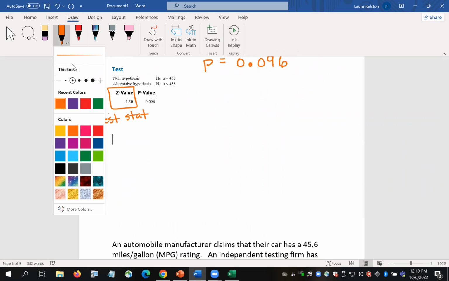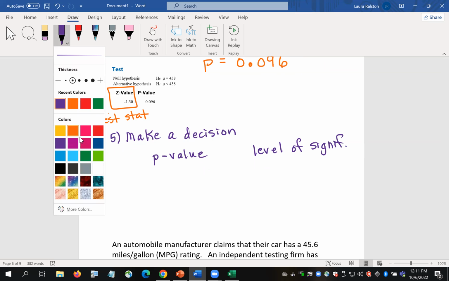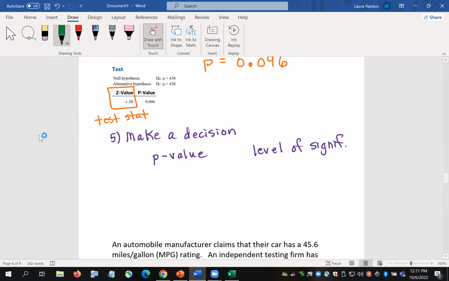Then I move on to step 5, which is where we're going to make a decision. Remember, we make a decision by comparing the p-value to the level of significance. So in this case, I need to compare the p-value, which was 0.096, to the level of significance, which was 0.05.